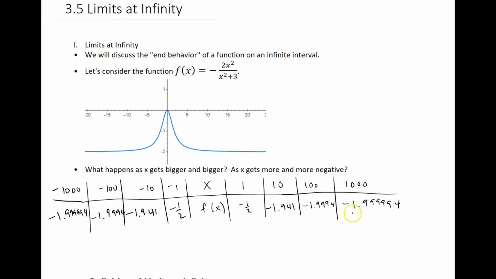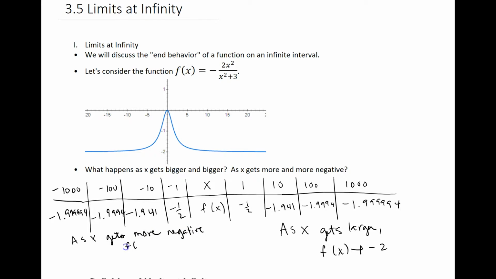So we can say that as x gets larger, f of x appears to be approaching negative 2. And on the left, you actually see the same exact behavior. So as x gets more negative, it looks like f of x is approaching negative 2.